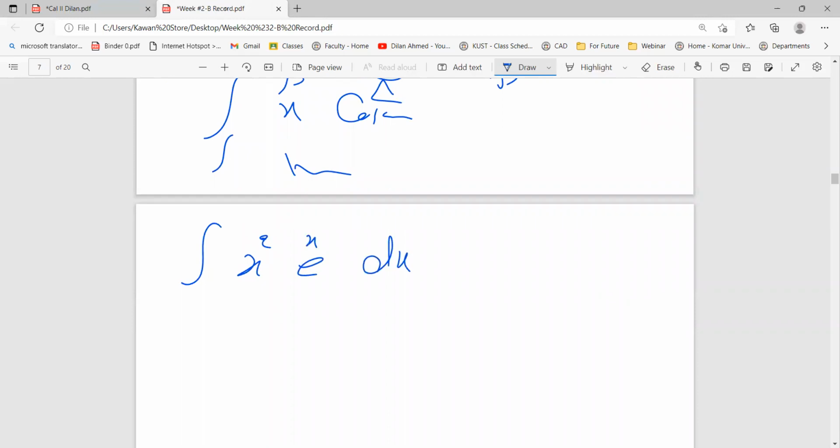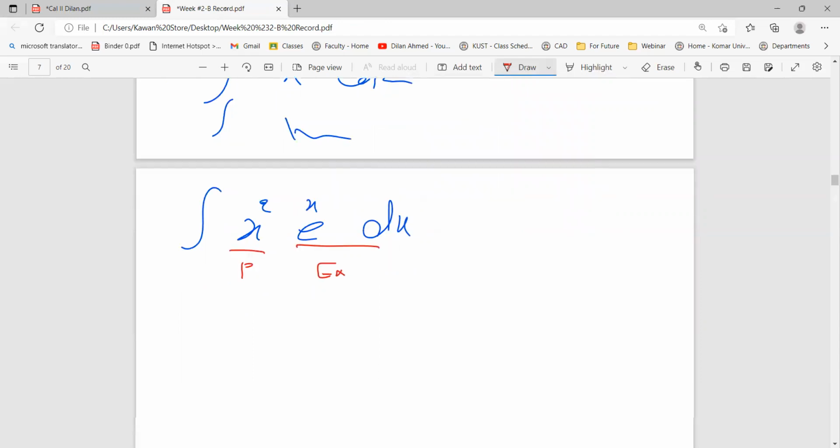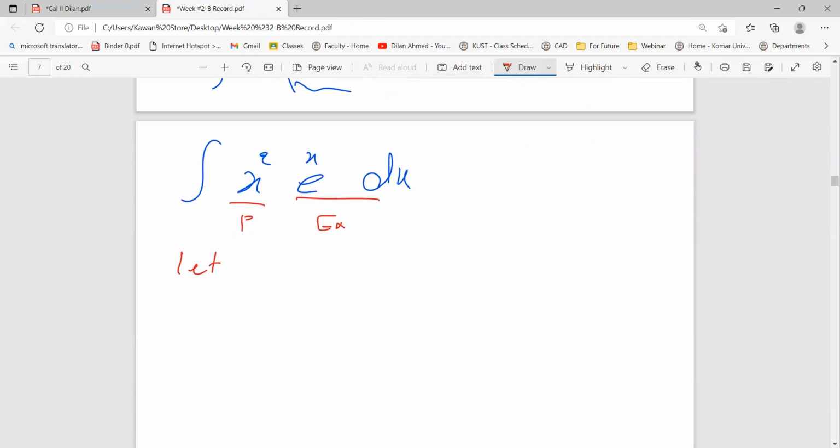We have a polynomial with an exponential, so it's better to let u be x squared. Why?